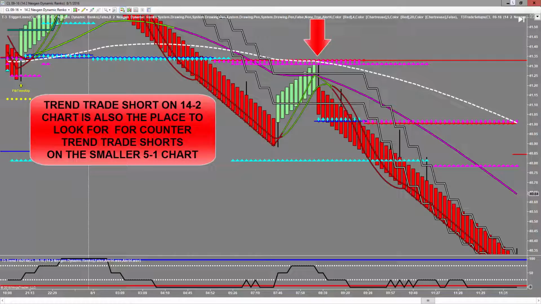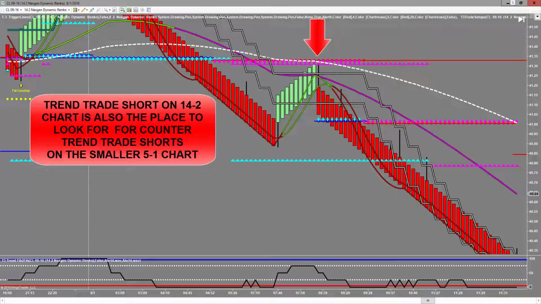So if we're trading back up into this resistance area, which would be a trend trade on our larger chart, we're going to also look for reasons on our smaller chart to enter at that spot. So we really get the benefit of having both the smaller chart with Fibonacci areas and the overall look of a trend trade on the large chart when we're attempting to do counter trend trades on our smaller time frame chart.